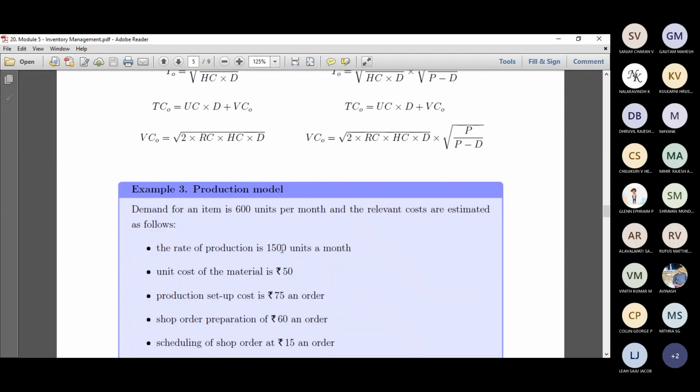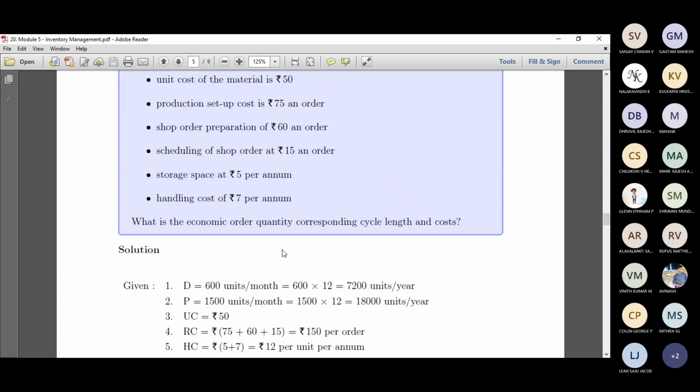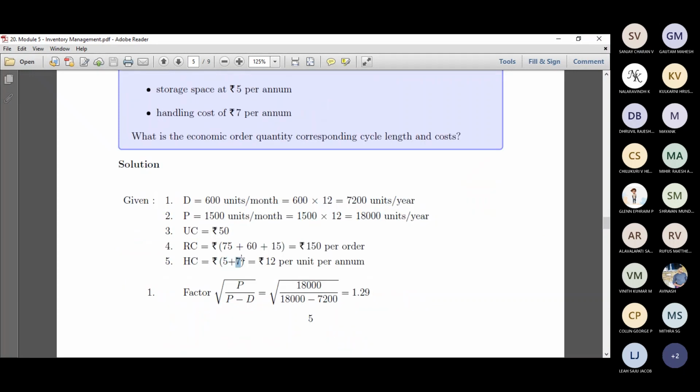Whereas in this case, we'll be looking into the storage cost and handling cost. So handling that particular deficit or storage is this thing. So the total holding cost is HC, just rupees 5 plus rupees 7. So that's rupees 5 plus rupees 7. So this is rupees 12 per unit per annum.